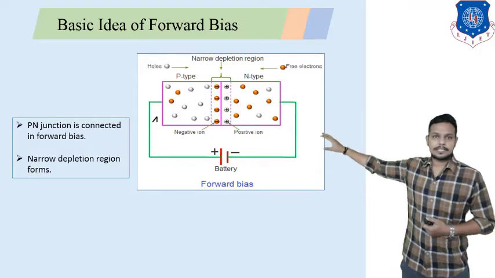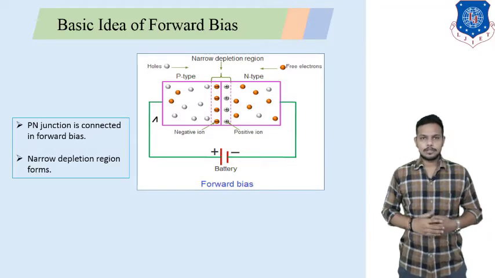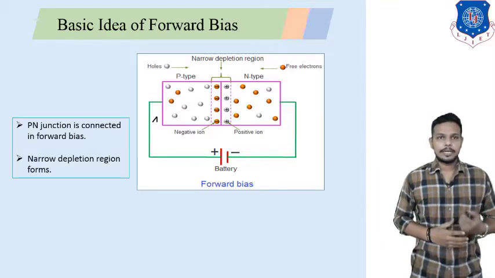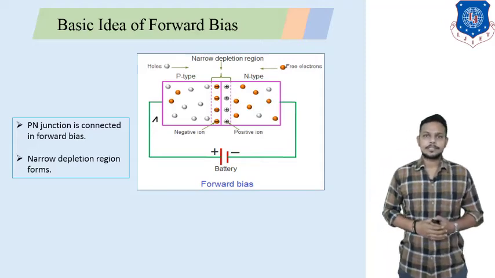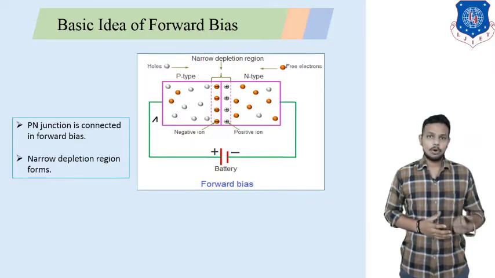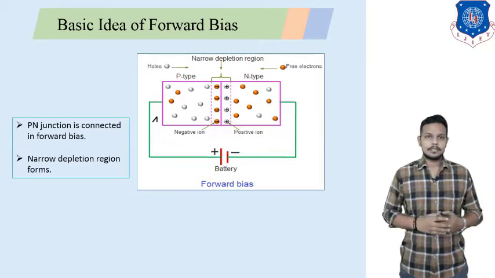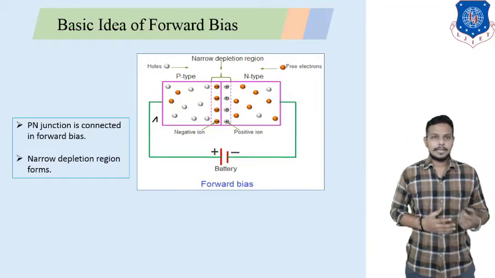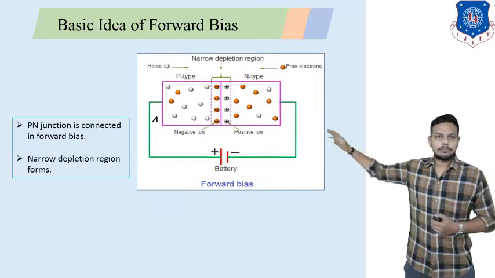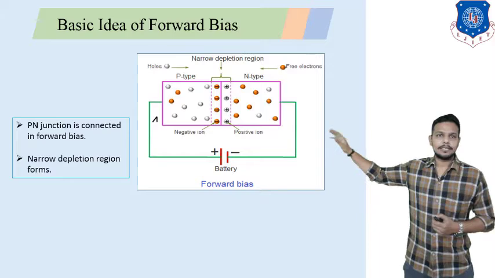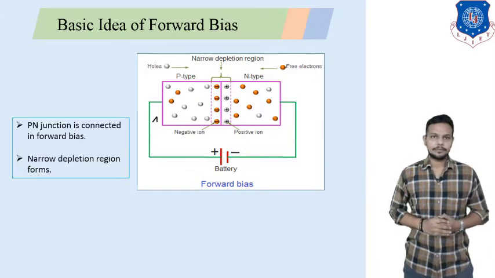Now let us discuss its working principle. First, in the unbiased condition, there are a number of electrons and holes. As we discussed earlier, in n-type material there are many electrons, which are the majority charge carriers, and holes, which are the minority charge carriers. Whereas in p-type material, holes are the majority charge carriers and electrons are the minority charge carriers.